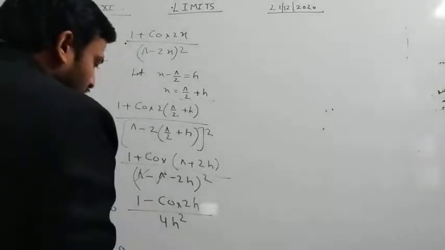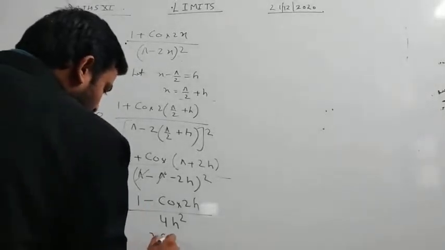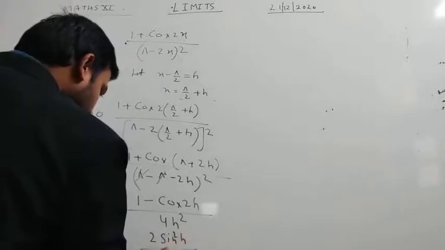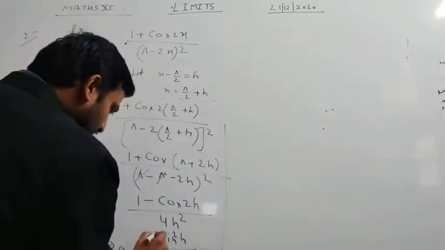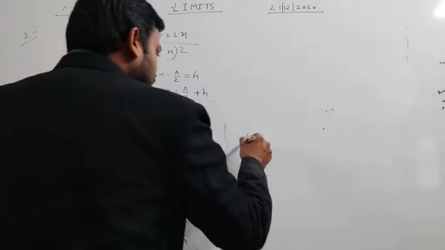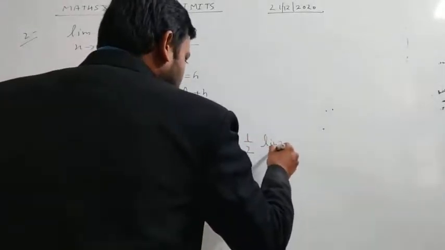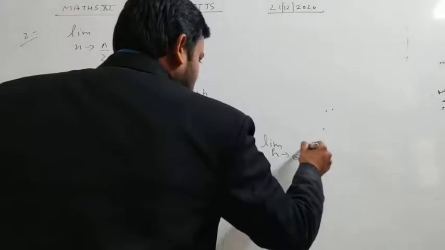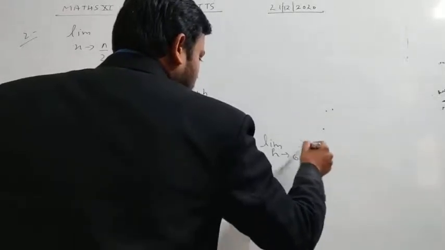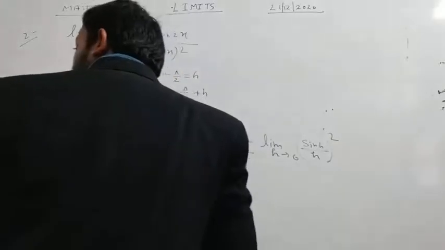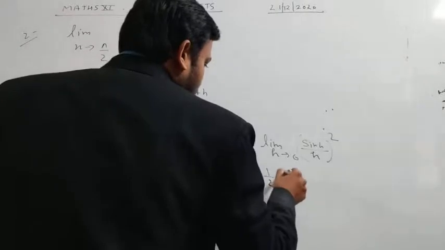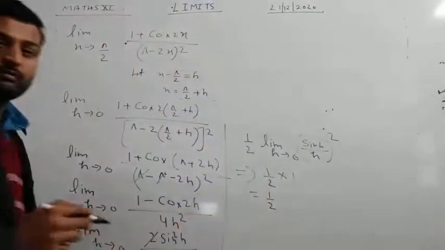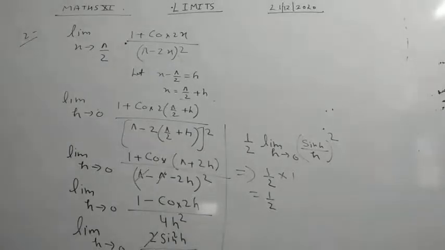This 1 minus cos 2h can be written as 2 sin square h by 4h square, and now this will be cancelled and we can write 1 by 2 limit h tends to 0, sin h by h whole square, and this will be 1 and our result will be 1 by 2. I hope you understand, friends, what we have done.